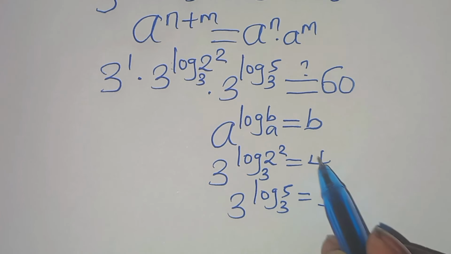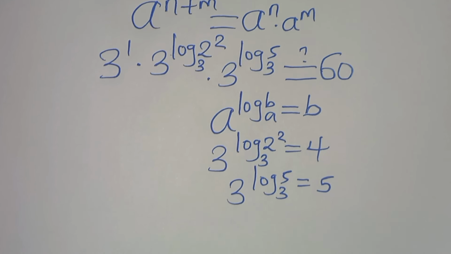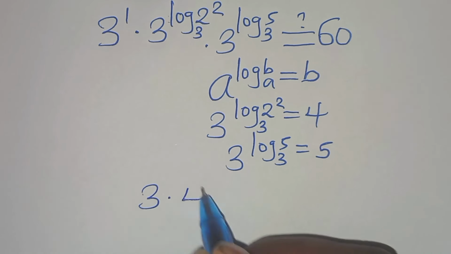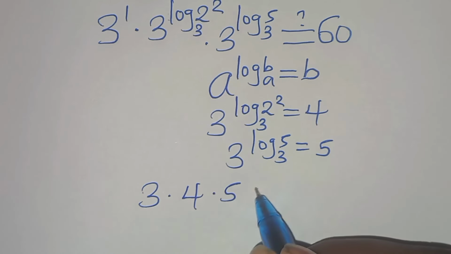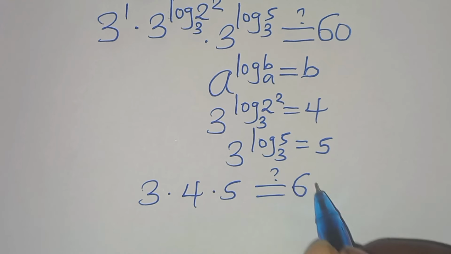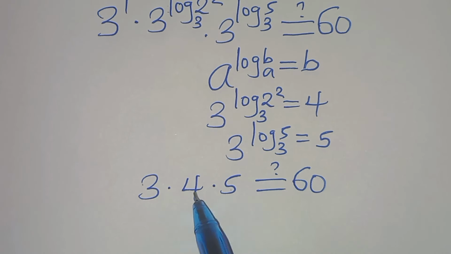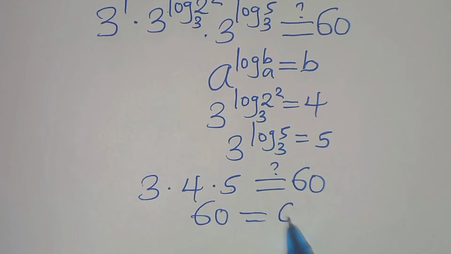So let's substitute 4 and 5 into the equation here. So we have 3 times 4 times 5. This should give us a value of 60. So we have that 4 times 5 is 20. 20 times 3 is 60, which is equal to 60.